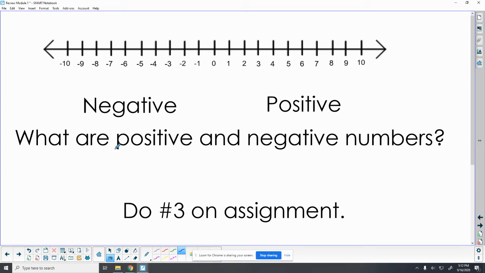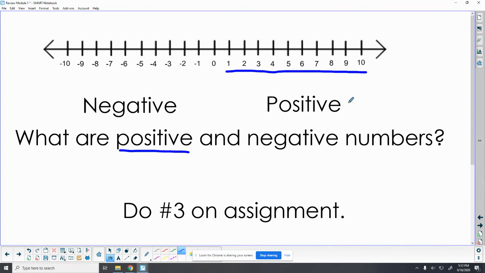Next up, we need to think about what is a positive number. Looking up here on the number line, I can see that all of these are positive because they do not have a symbol in front of them. Looking at these, I notice that these are all larger than 0.